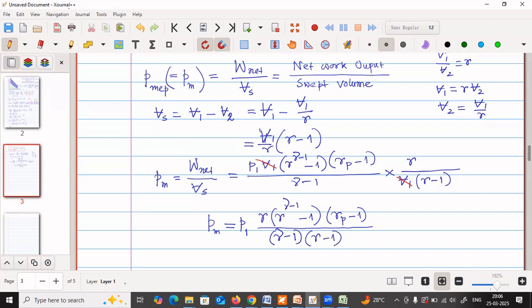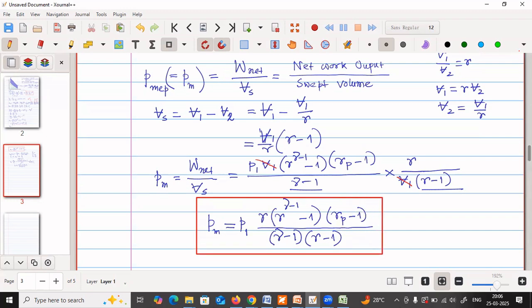So this is R minus 1 and this is gamma minus 1. Now we can highlight this. So this is the mean effective pressure.